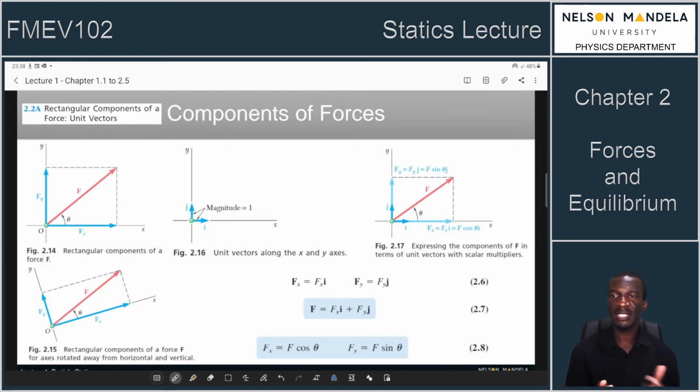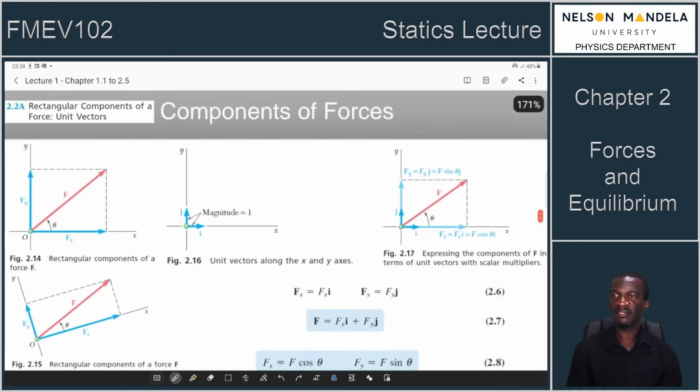We've got the polar system of coordinates, polar cylindrical, and we've got the spherical system of coordinates. I suppose you've seen this in Calculus 2 where you were looking at vector fields. But in this module, we will make use mostly of our simple rectangular system so that we don't complicate things while we're still trying to grab the basics.